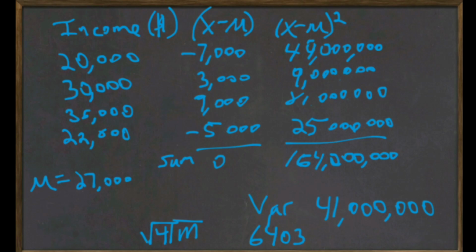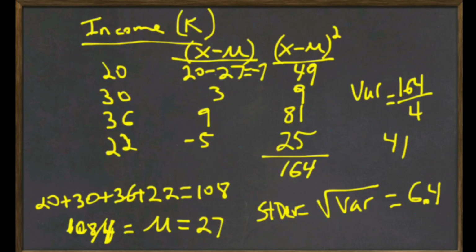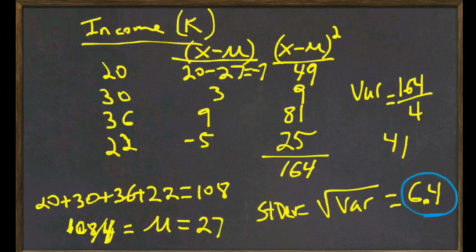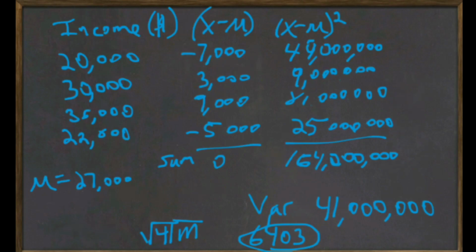Notice that's the exact same as we had in the previous one, just scaled up. So we had 6.4 thousand, here we have 6,400. The variance has ballooned. In the previous one, we had a variance of 41. Here we have 41 million.